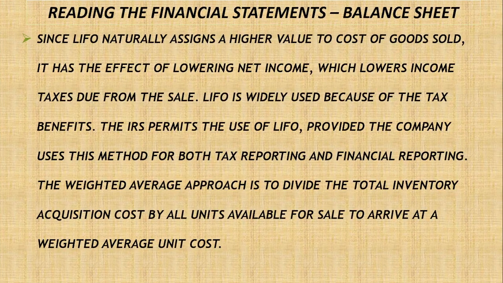Since LIFO naturally assigns a higher value to the cost of goods sold, it has the effect of lowering the net income, which lowers income taxes due from the sale. LIFO is widely used because of the tax benefits.